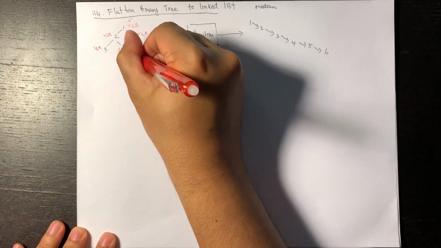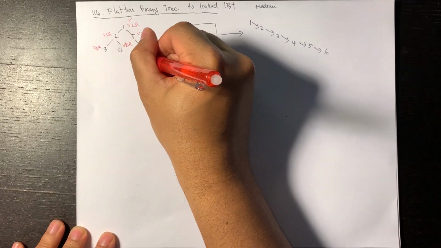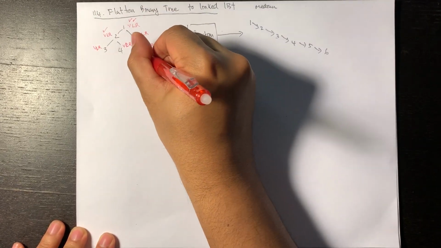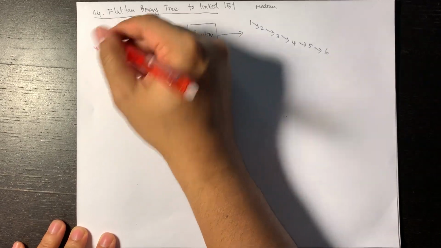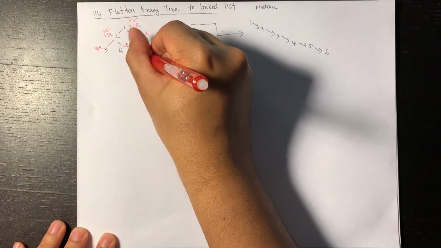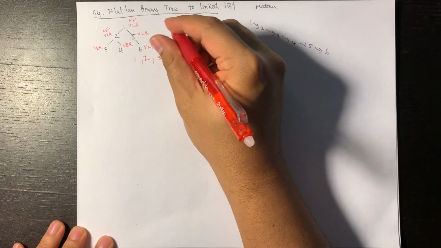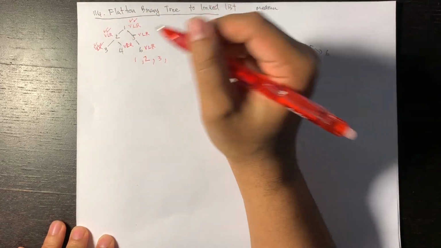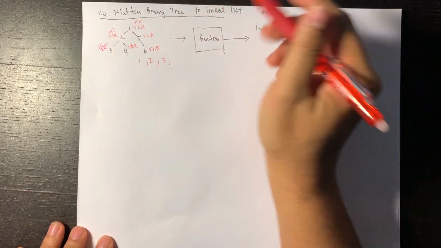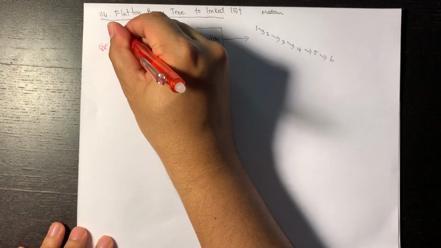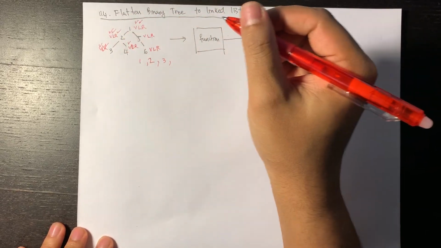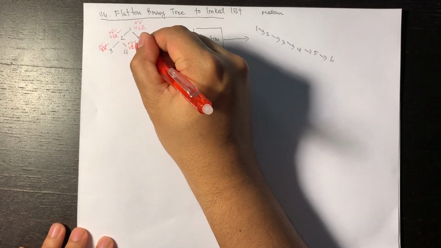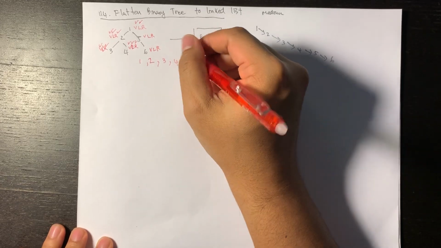So we visit, get 1, and then we go left, we visit, we get 2, and then we go left, and then we visit, get 3. Then we try to go left, we can't. Then we try to go right, and we can't. And then we go up, and then we go right. Then we visit, we get 4, and then we try to visit left, visit right, but it doesn't have any children.